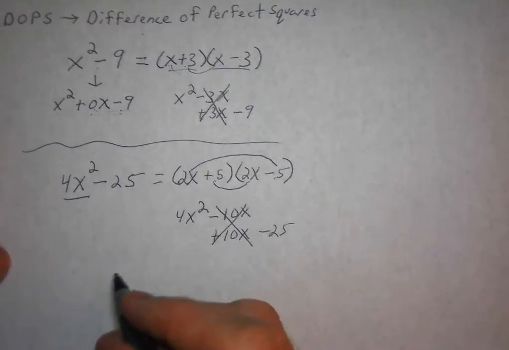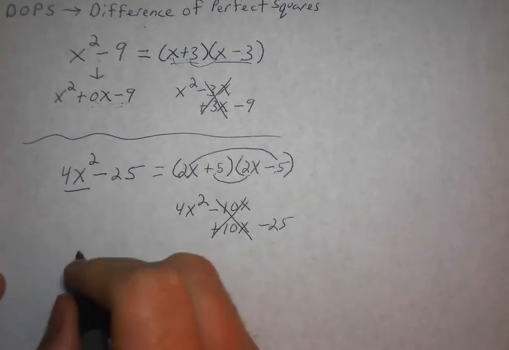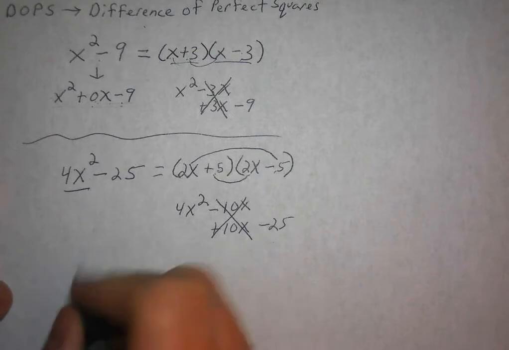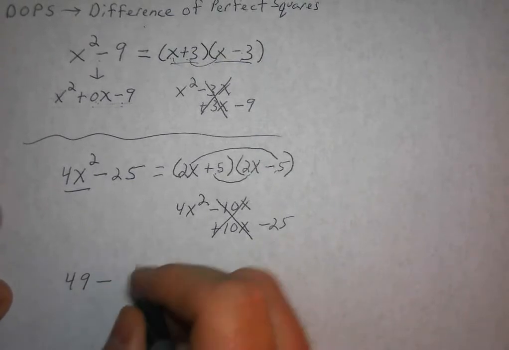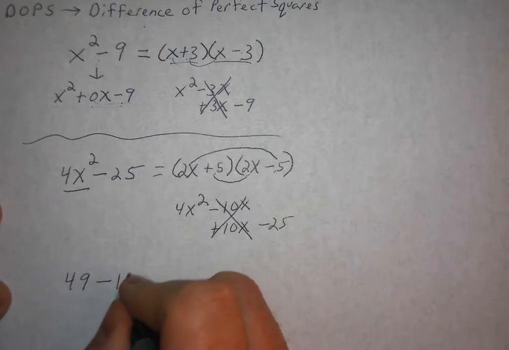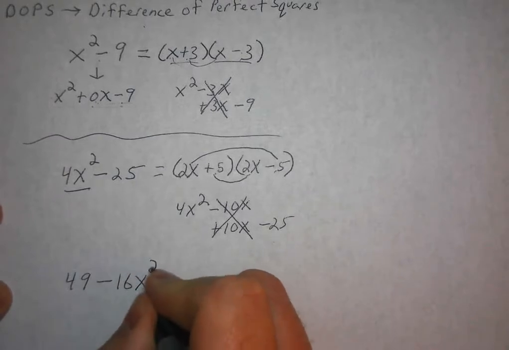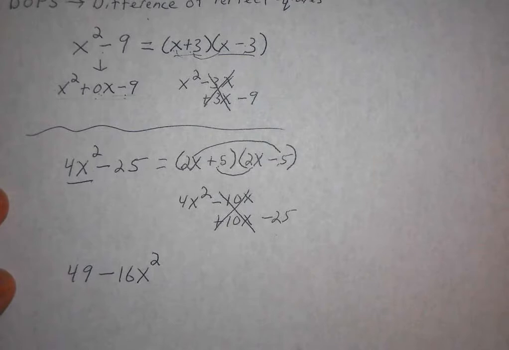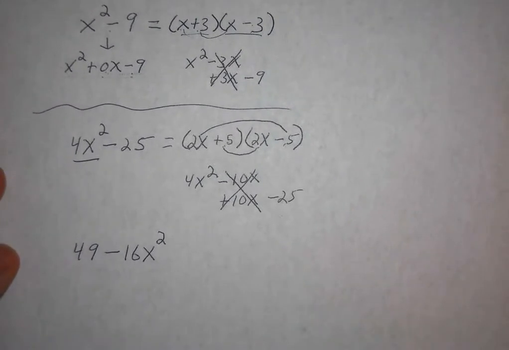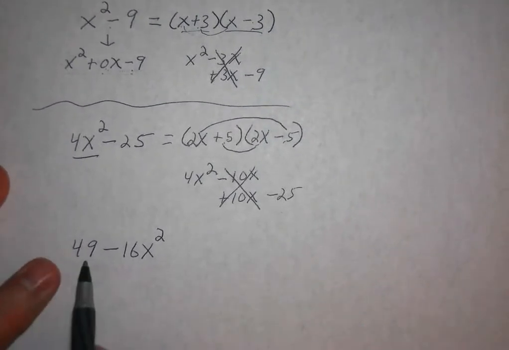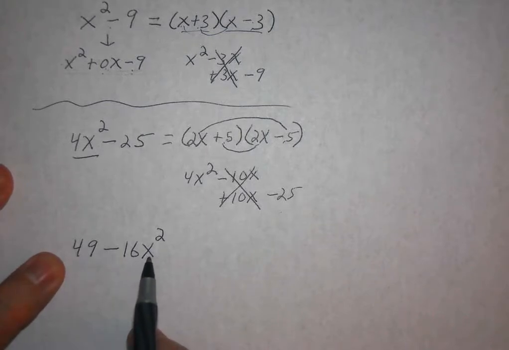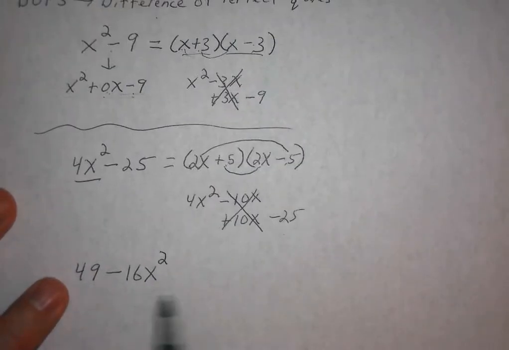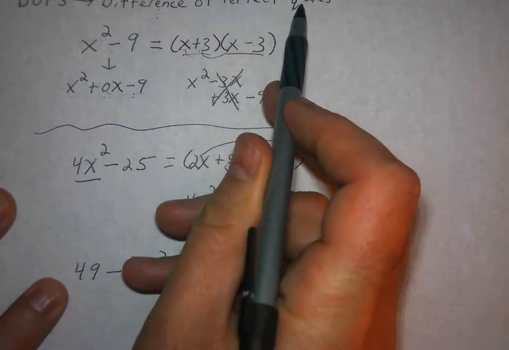And just to do one more example here with you, suppose we have something like 49 minus 16x squared. So here, the first term is 49, the second term is minus 16x squared. So is that difference of perfect squares?